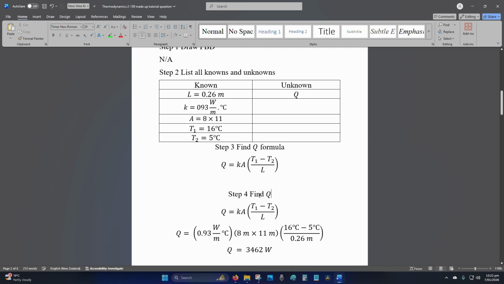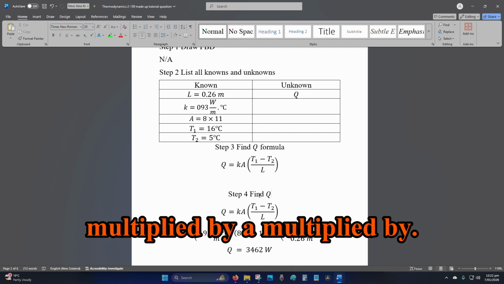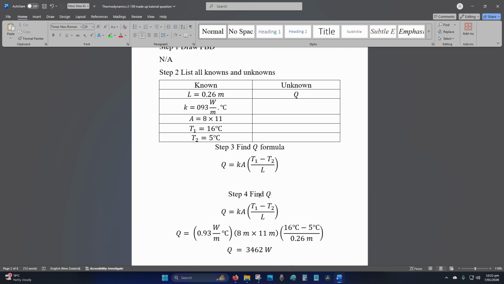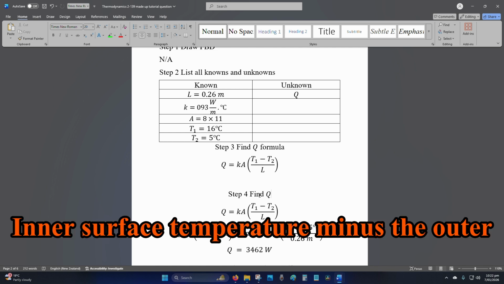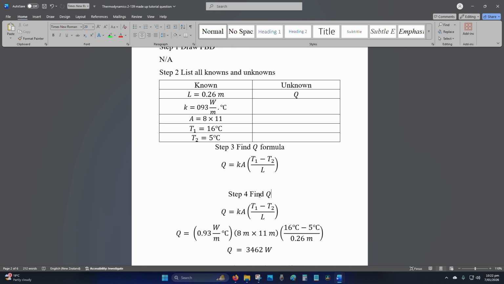So Q, heat, is equal to K multiplied by A multiplied by the inner surface temperature minus the outer surface temperature, divided by the length or thickness.